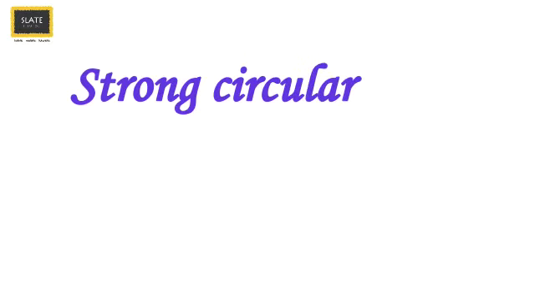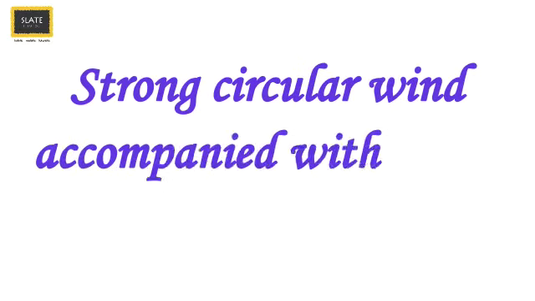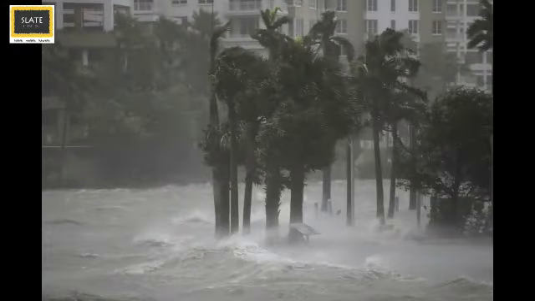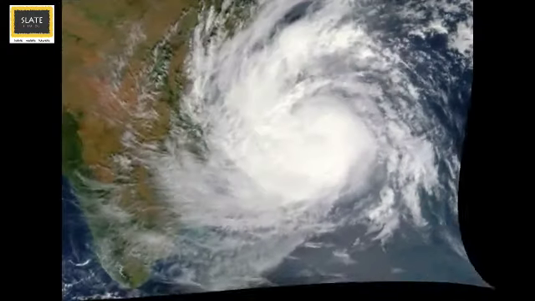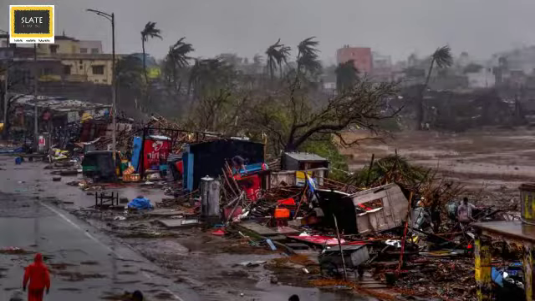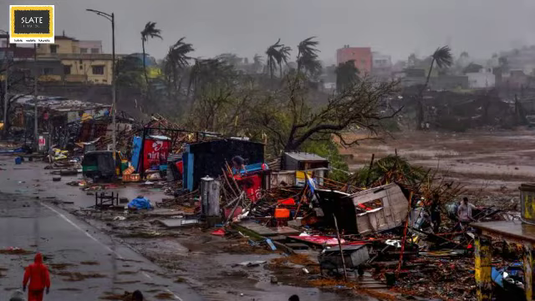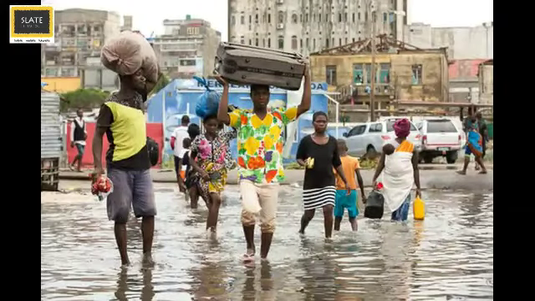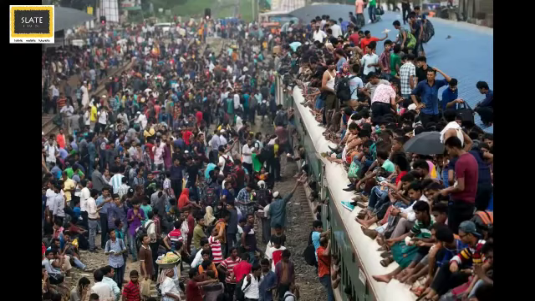Cyclone means strong circular wind accompanied with heavy rainfall. Titli, Phani, Hudhud, Phelan, etc. are some examples of cyclones which hit the eastern coastal plains of India in the past and resulted in loss of life and property. Thousands of people were forced to shift to a different place.